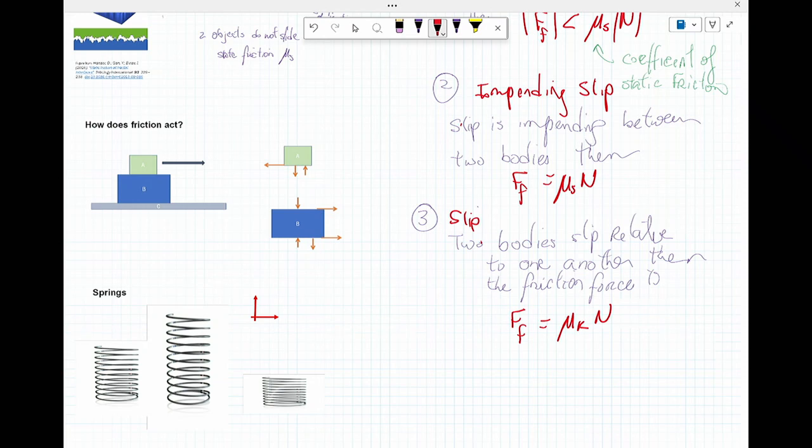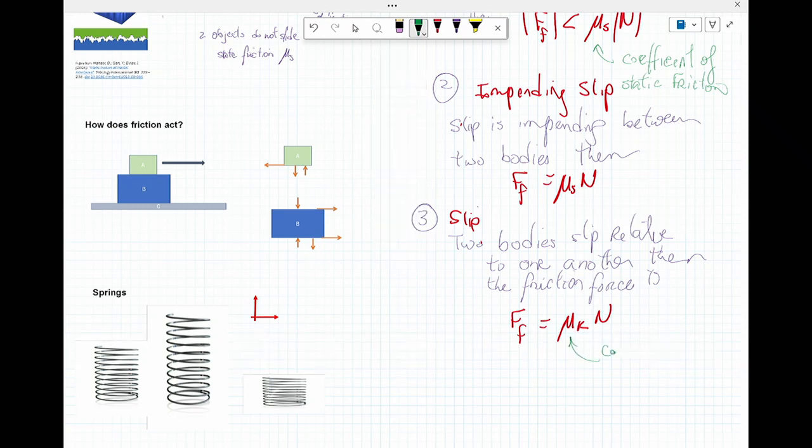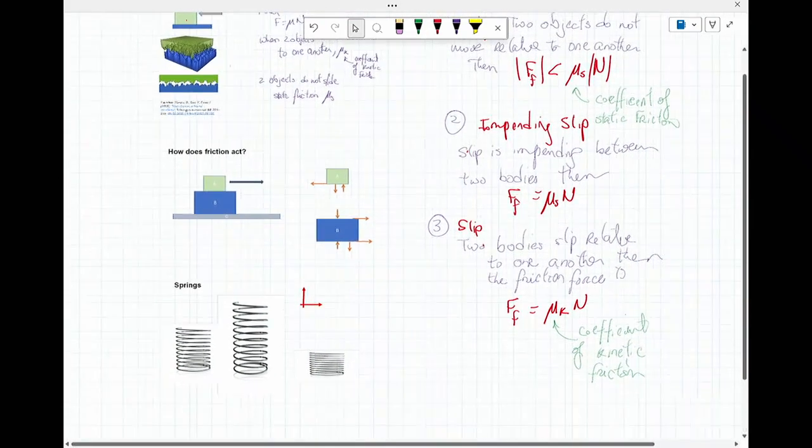Then your force of friction is going to be mu sub k, which is the coefficient of kinetic friction. So what's important here is to sort of recognize how to separate out these three different cases, and more importantly, how to identify when this happens, slip. We'll do an example, but not just quite yet.